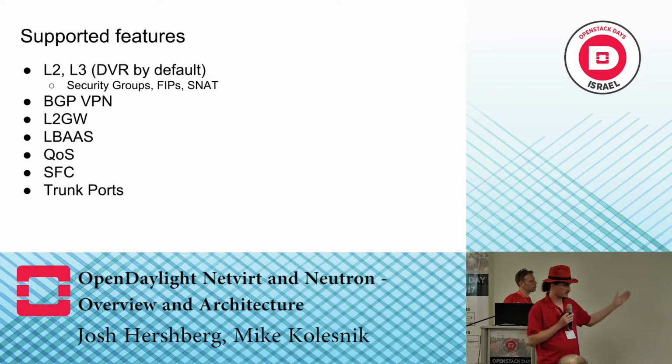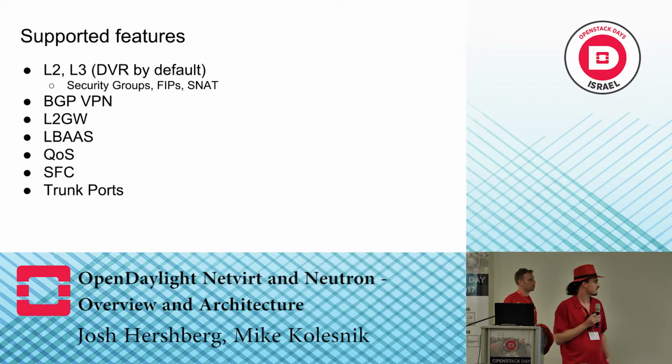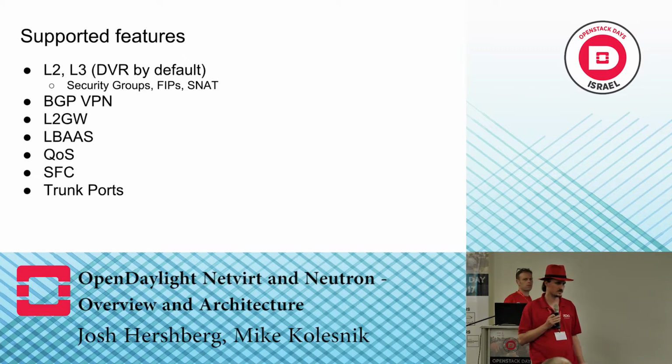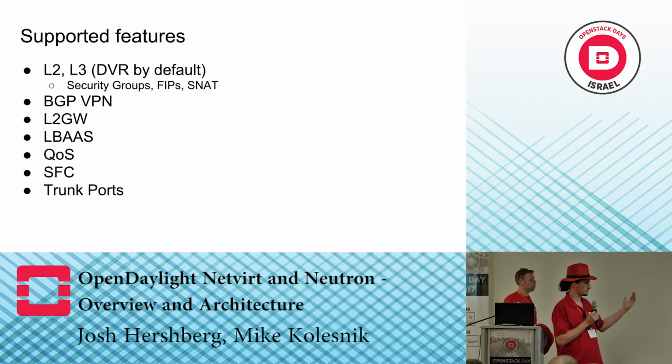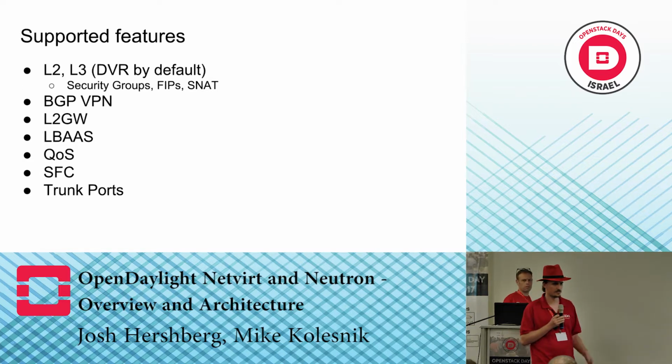And the features, obviously we have the basic features covered, so it's L2, L3, which is distributed by default. There's no single network node, so that's another benefit of OpenDaylight. And all the accompanying features like security groups, floating IPs, SNAT, and whatnot that exist in the basic layer 2, layer 3 connectivity.